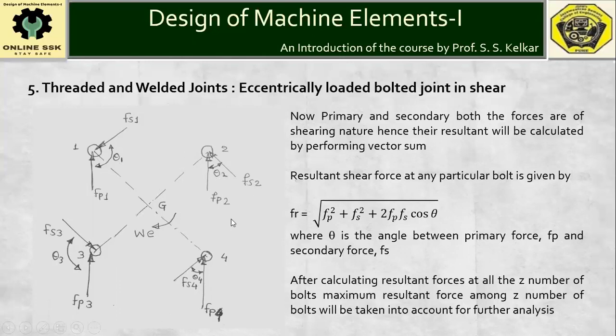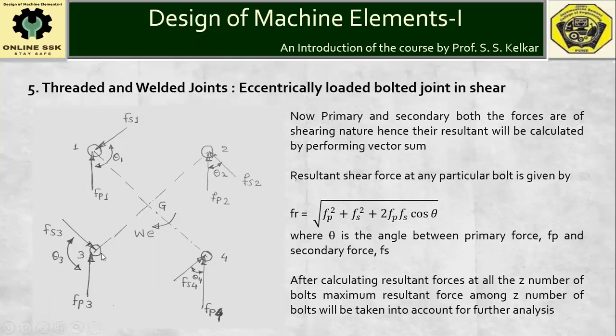Therefore, Fr1 will be different from Fr2. So the bolts are subjected to different magnitudes of resultant forces, but at all the places, 1, 2, 3 and 4, we are going to use similar size identical bolts.